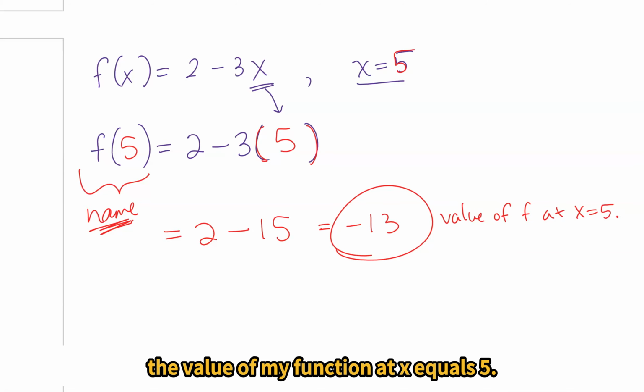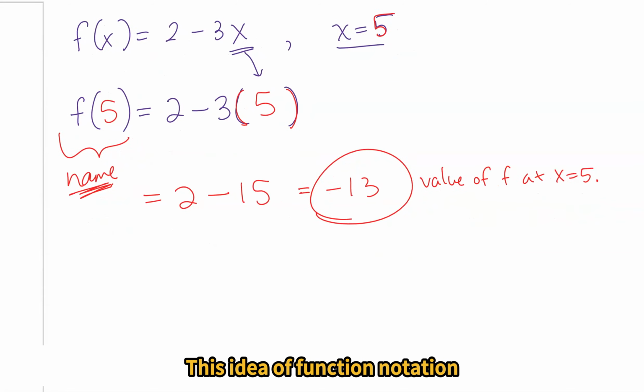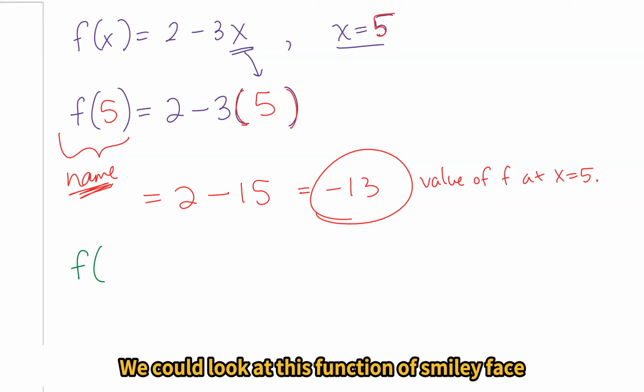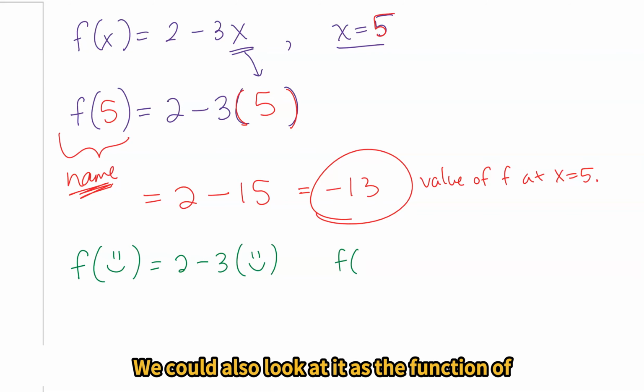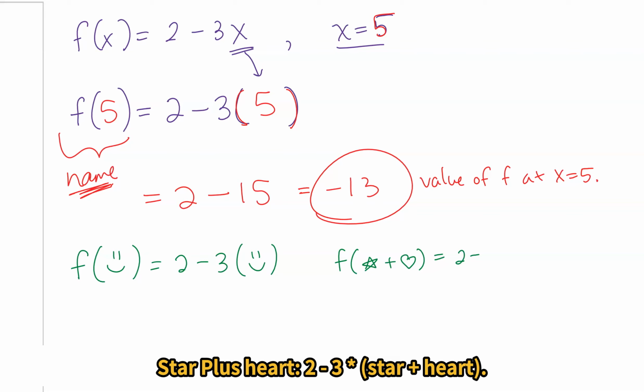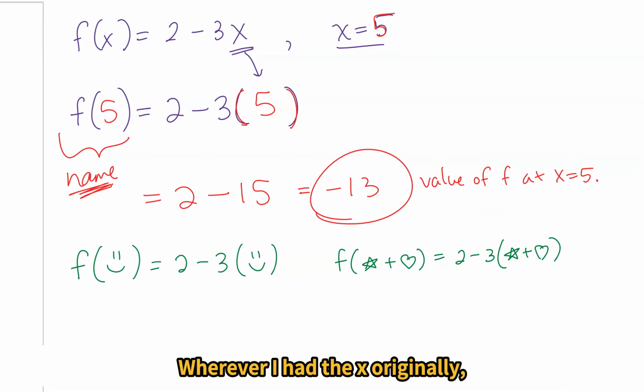at x equals 5. This idea of function notation isn't limited to just one number or one letter. We could look at this function of smiley face, 2 minus 3 times smiley face. We could also look at it as a function of star plus heart, 2 minus 3 times star plus heart.